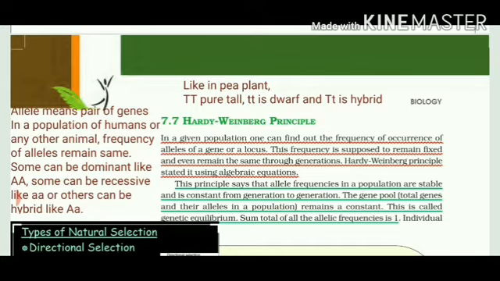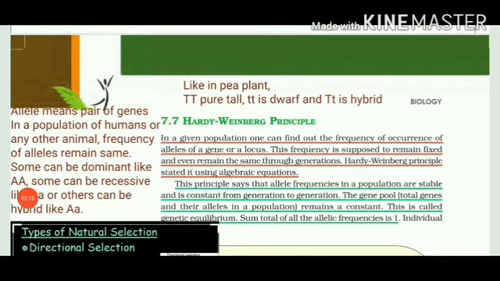Certain factors are responsible for evolution to occur. On the other side, evolution will never occur if there are no mutations, no variations in DNA structure, no gene flow, and no natural selection; then no changes will lead to any kind of evolution.